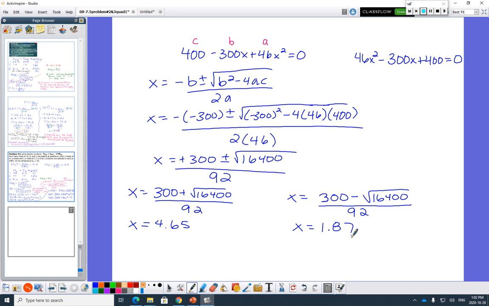You can definitely round. And similar to before, this 4.65 is too big. It's going to give a negative answer.